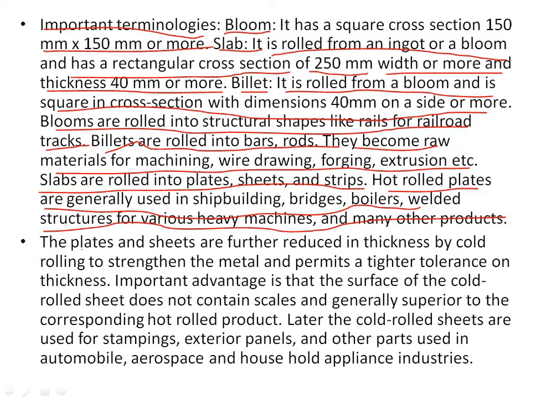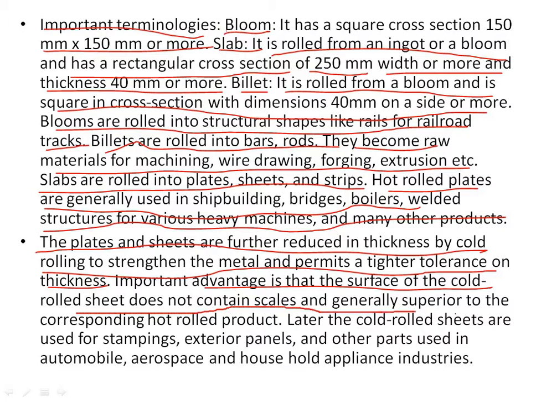The plates and sheets are further reduced in thickness by cold rolling to strengthen the metal and permit a tighter tolerance on thickness. Important advantage is that the surface of cold rolled sheet does not contain scales and is generally superior to the corresponding hot rolled product.